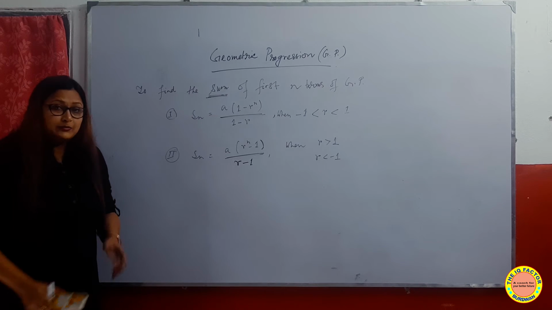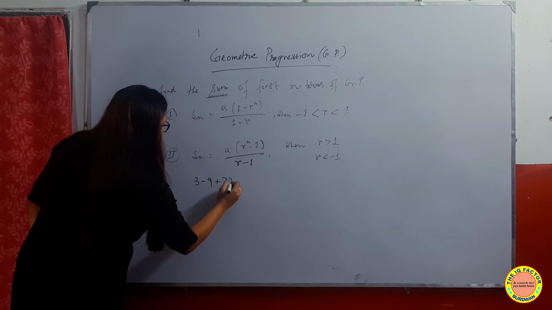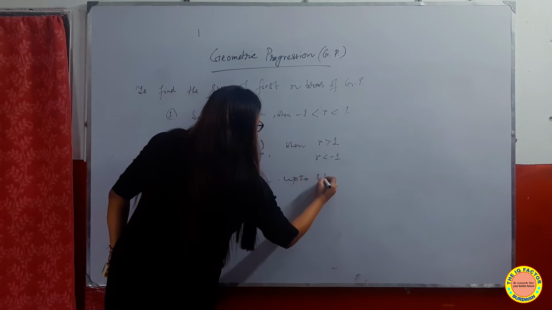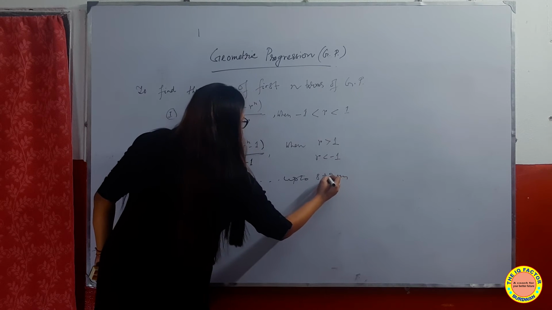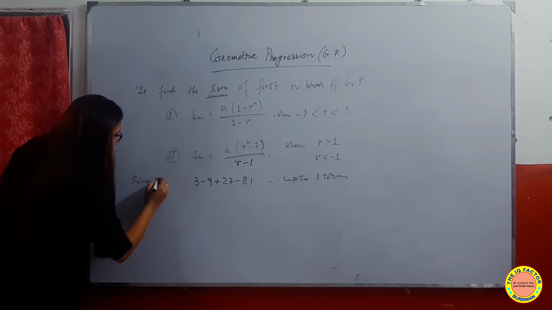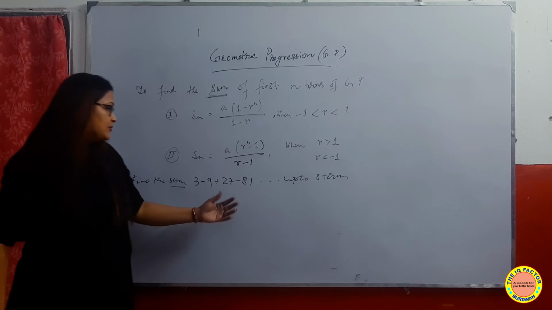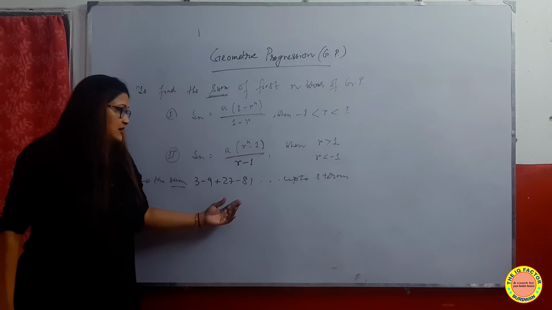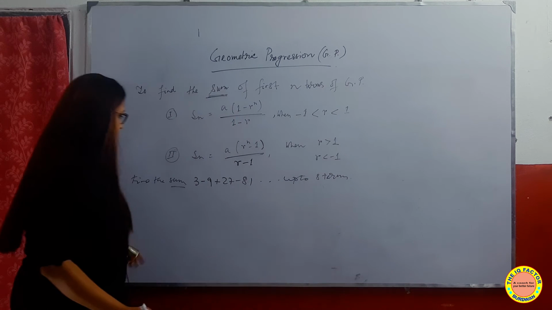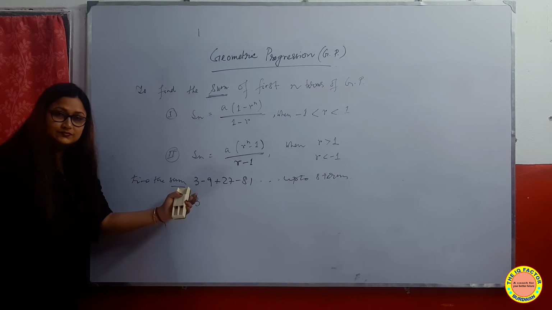Let us try one example. 3 minus 9 plus 27 up to 8 terms. What is our question? Find out the sum of that GP up to 8 terms. Clearly the first term is 3.